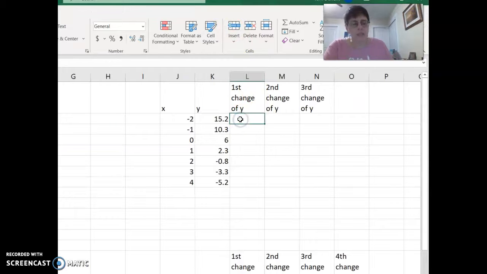Okay, first change equals bottom minus the top. Enter. Okay, what in the world did I hit? Okay, bottom, top.